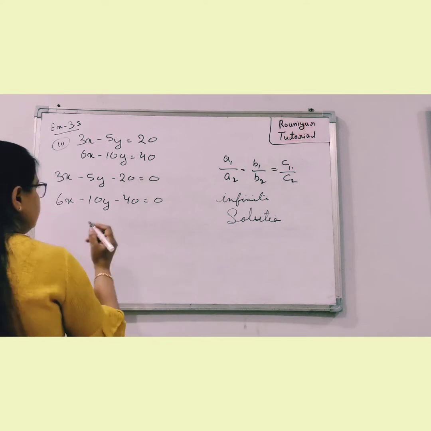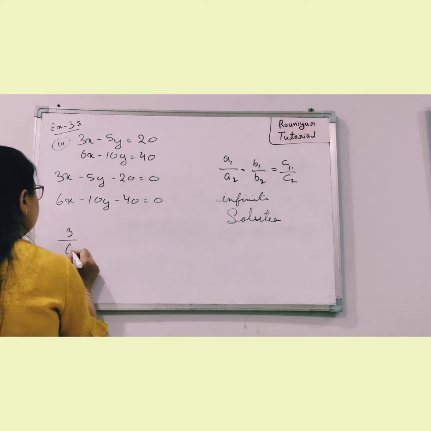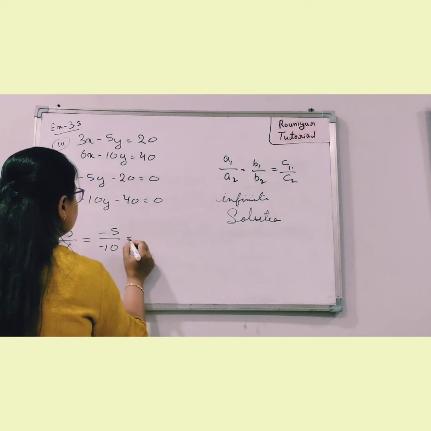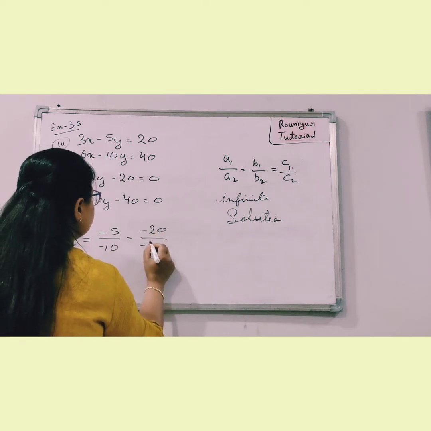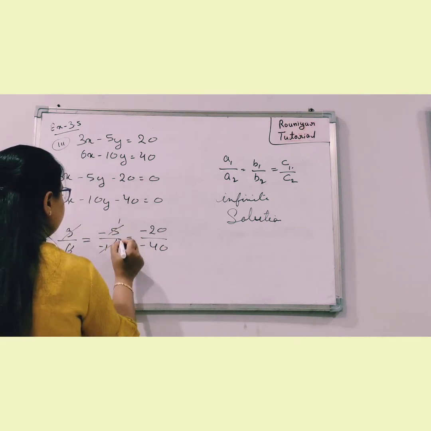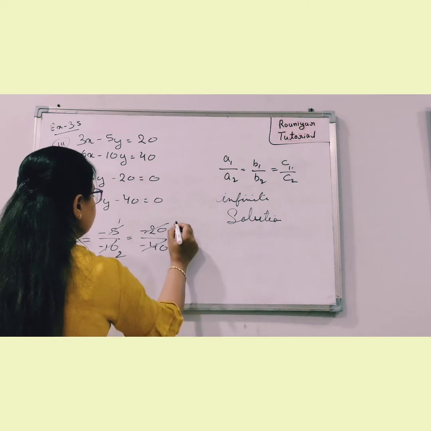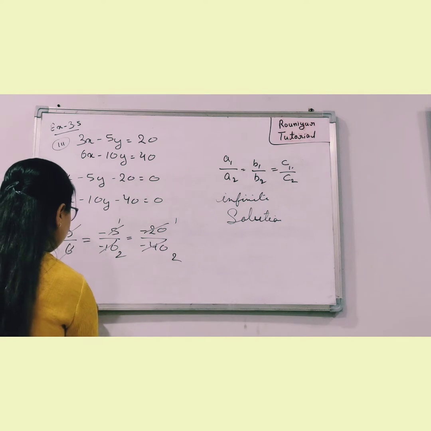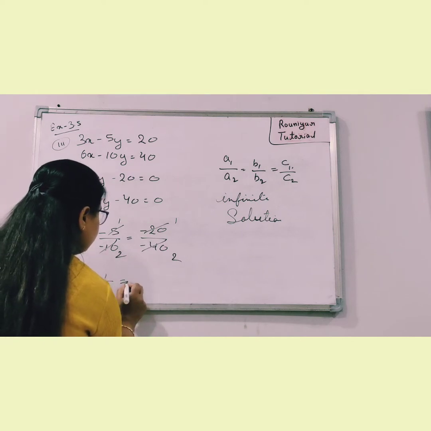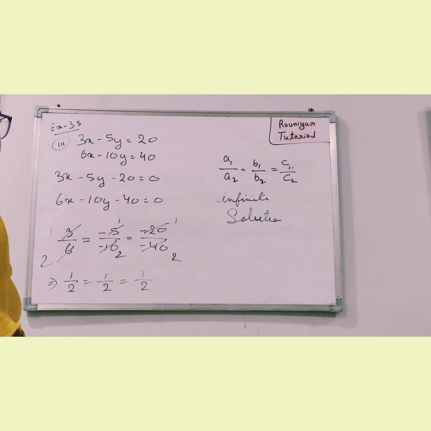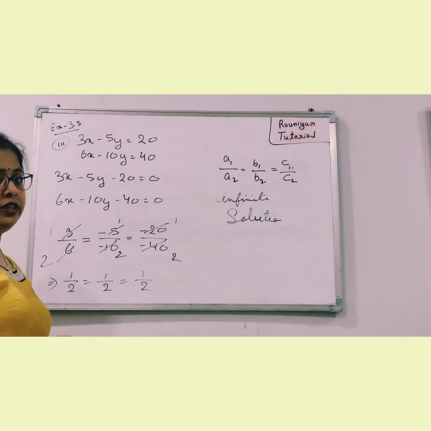Okay, अब हम इसको कंपेयर करते हैं. 3 by 6 is equal to minus 5 by minus 10 is equal to minus 20 by minus 40. 1 by 2, 1 by 2 and 1 by 2. Here 1 by 2 is equal to 1 by 2 is equal to 1 by 2. So here we see that a1 by a2 is equal to b1 by b2 and is equal to c1 by c2. So the equation has infinite solutions.